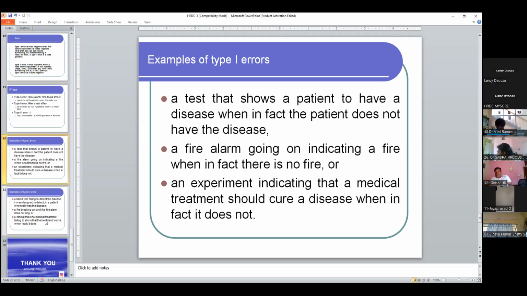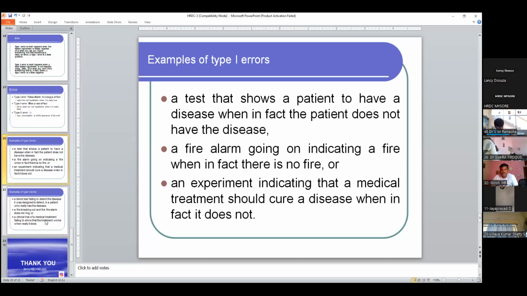That is a type 1 error. Now the second condition: the person has HIV, but the test says no. Much more dangerous. Now you understand the type 1 and type 2 error issues.